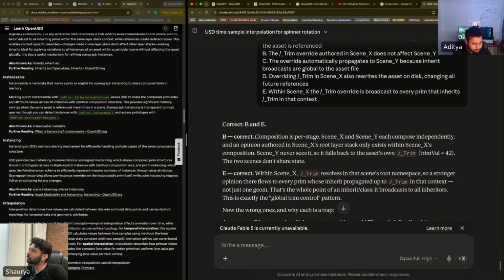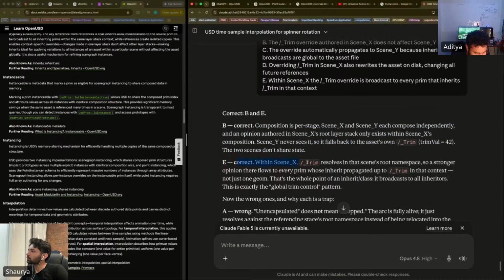Composition is per stage, scene X and scene Y, each composed independently. An opinion authored on scene X's root layer only exists in scene X. Scene Y never sees it, so it falls back to the asset's own trim value 42. Correct.